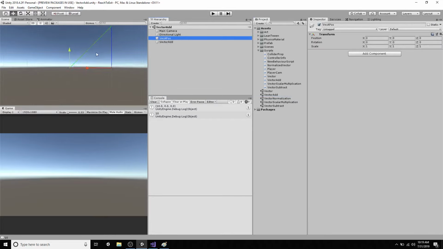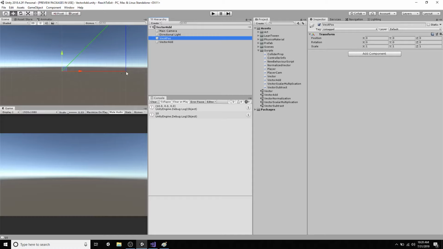I created one scene where we can add two vectors. It is something like this. This red line is one vector, and this is the head of the vector, and this pivot point is the tail of this vector.